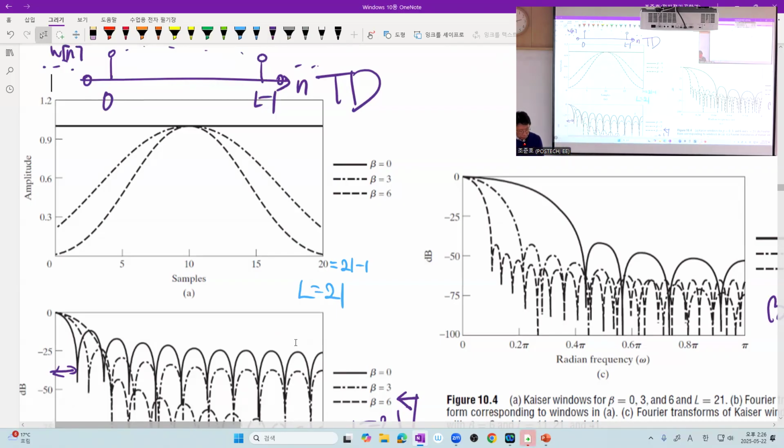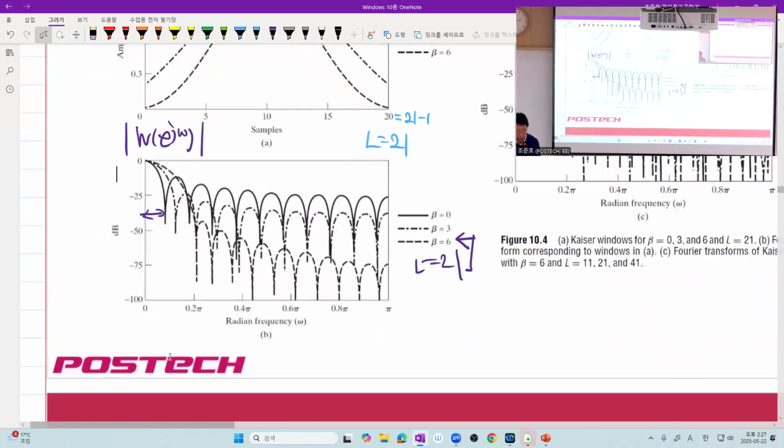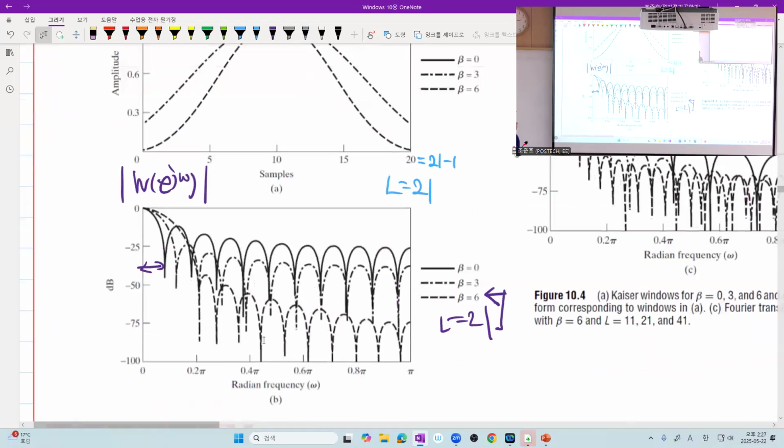And now, as I told you, the W of e to the j omega is very important. So by using handcrafted DTFT, you have this one. Since the W of n is real valued and the spectrum is symmetrical, they have used, I remember, 20 log 10 base, the magnitude response.